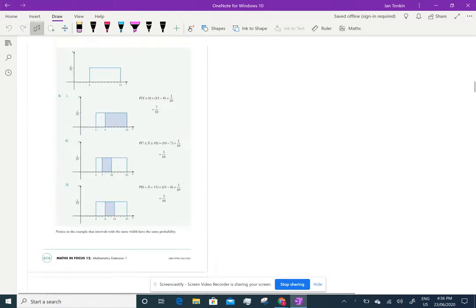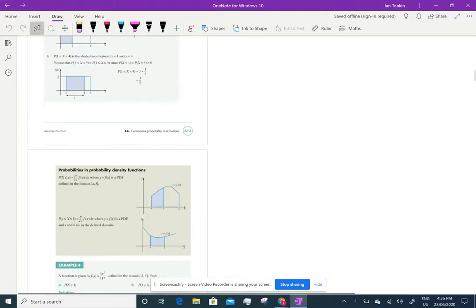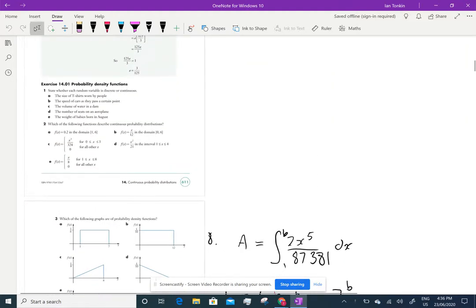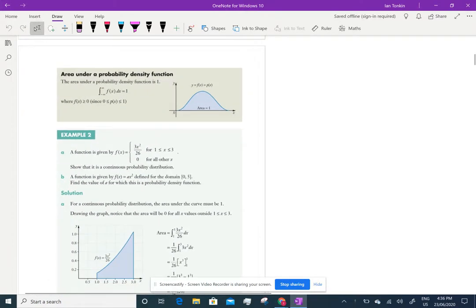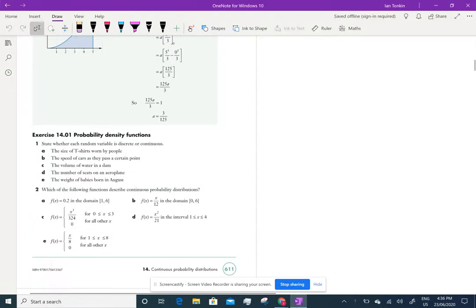When we look at a probability density function, if we go right back to what a probability density function is, if you get given a function, and the area under that curve for whatever domain equals 1, then it satisfies the conditions of a probability density function.